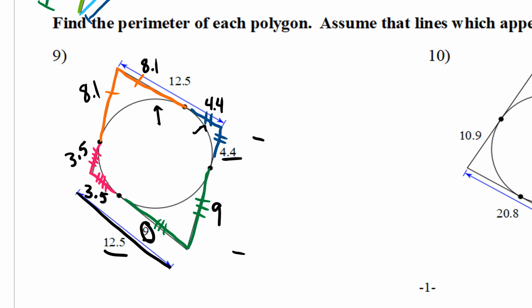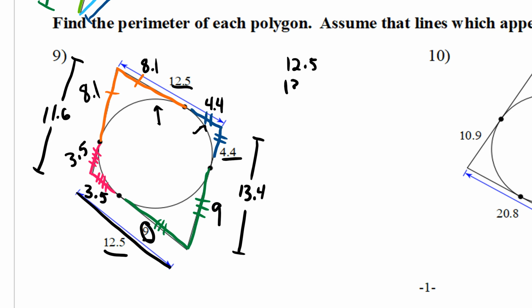So this side would be 13.4, and this side would be 11.6. Then I add up all the different sides: 12.5 plus 13.4 plus 11.6 plus 12.5. Now you can just put all that into a calculator and get an answer.